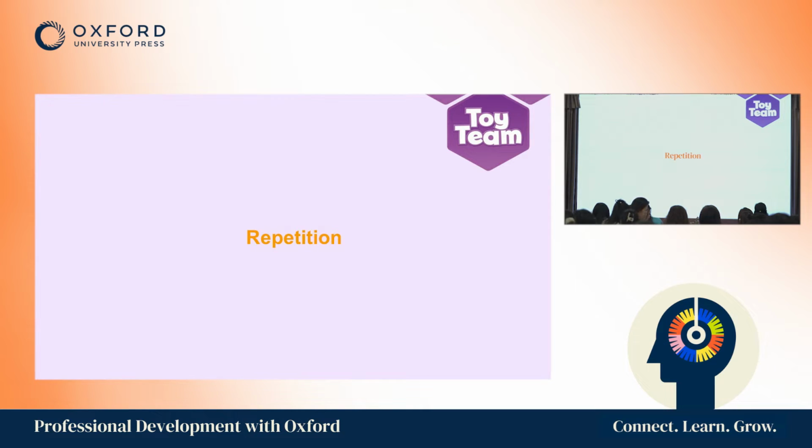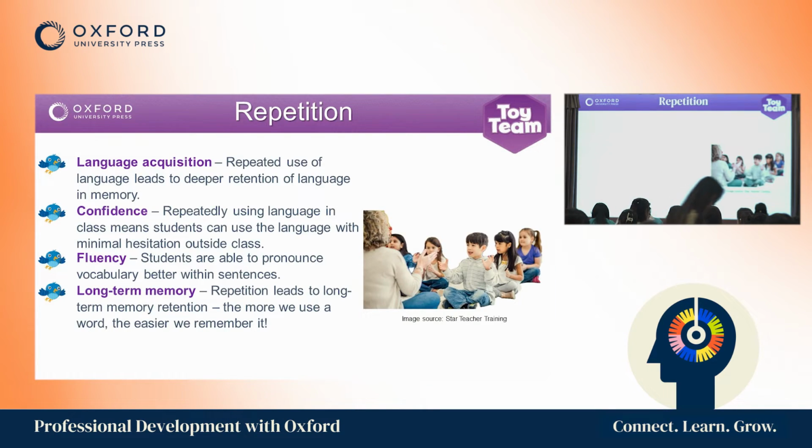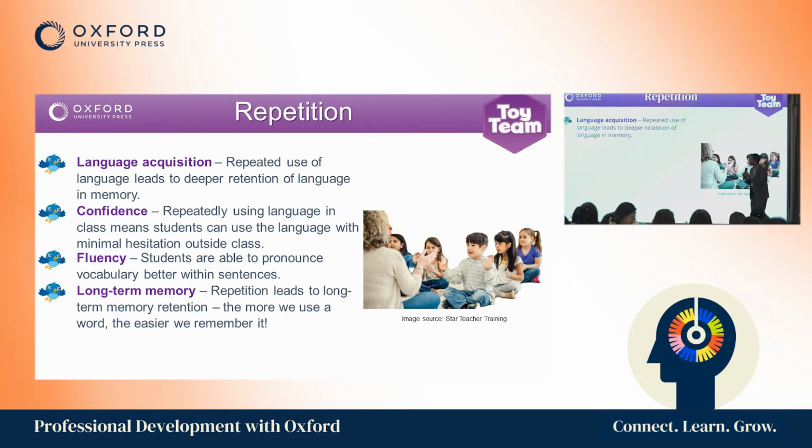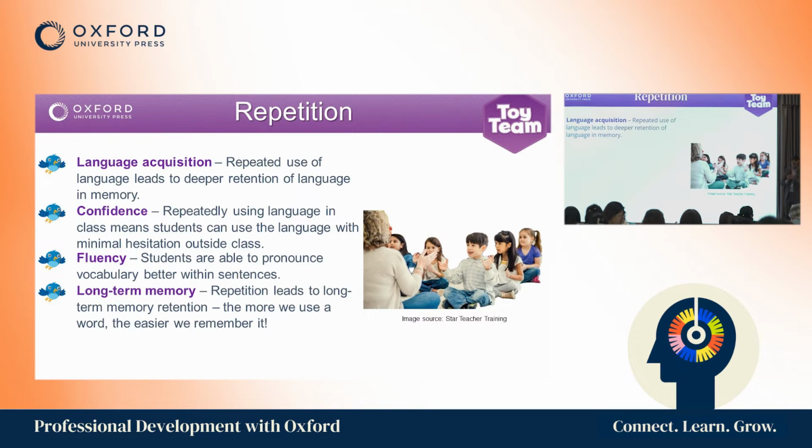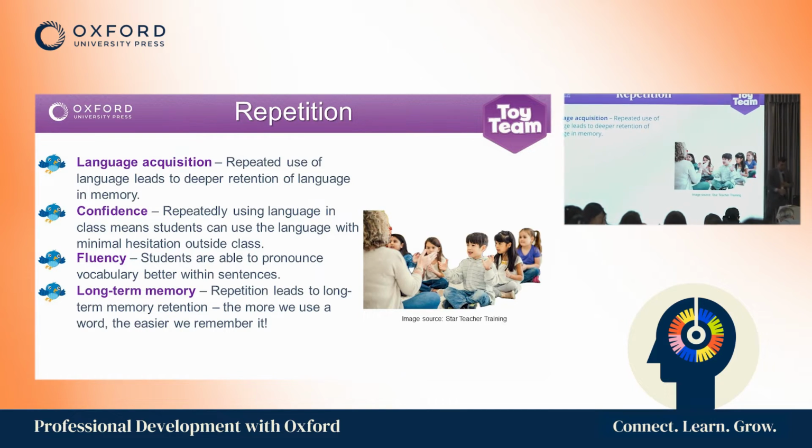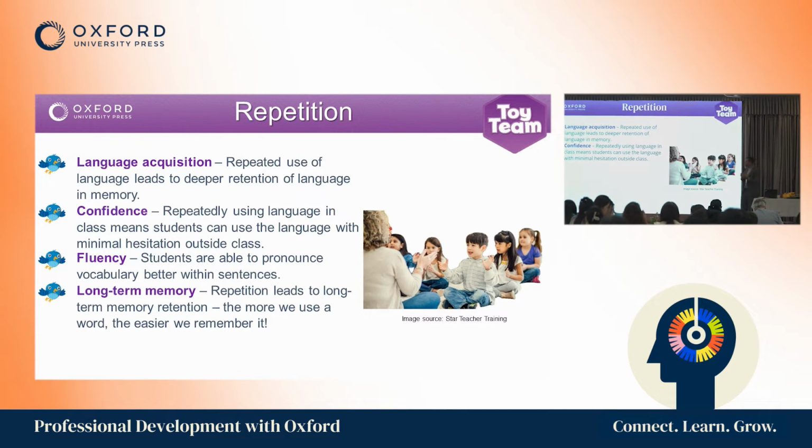Now, repetition. Why is repetition important? Language acquisition. By using a word over and over again or a single grammar structure, it leads to deeper retention. Students are remembering things more deeply. Confidence.